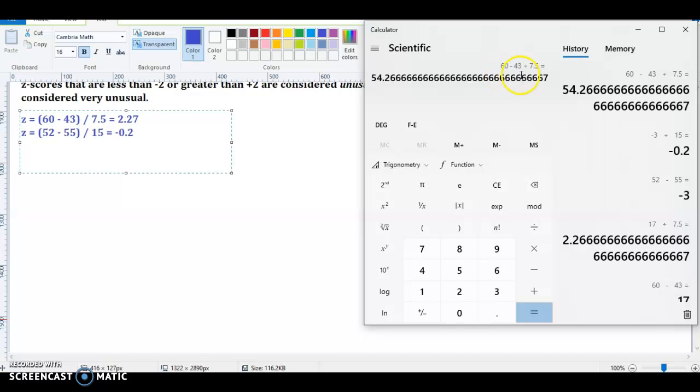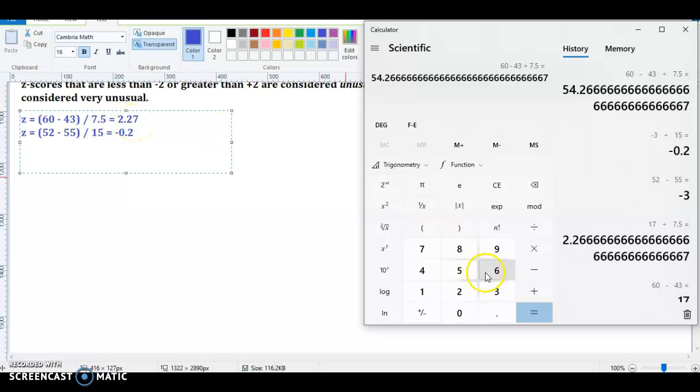When you do 60 minus 43 divided by 7.5, your calculator thinks you're dividing first and then subtracting. So it does 43 divided by 7.5, and then 60 minus whatever that is, which gives you 54.2666. That is incorrect, because the correct z-score is 2.27.